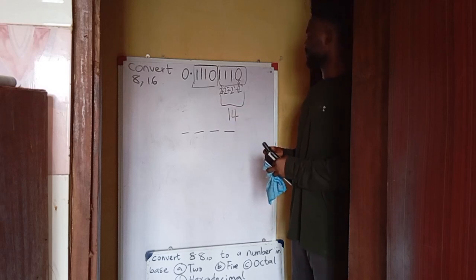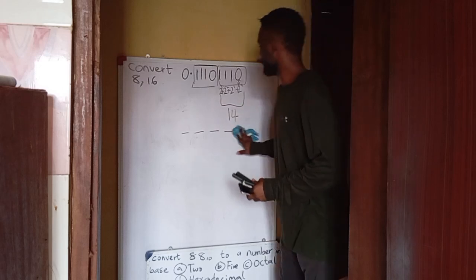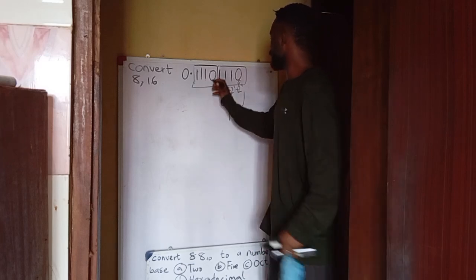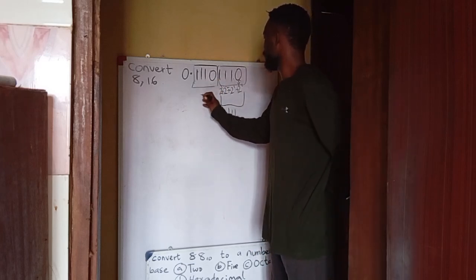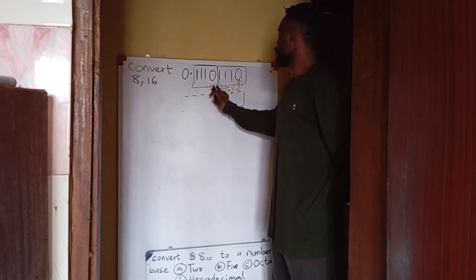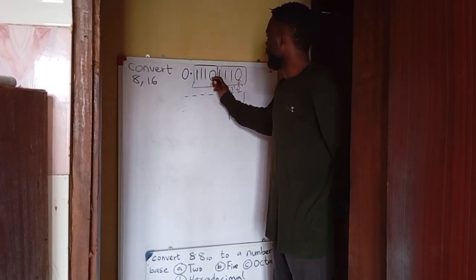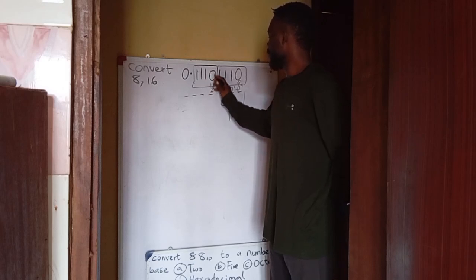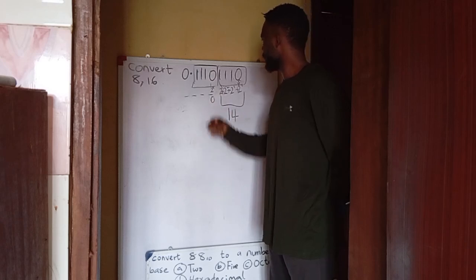We'll write it. Now, the same thing I drew here, that's what I'm using here now. This side is the same thing as when 2 is raised to power 0. And for the fact that it is 0 here, it means off. So 2 raised to power 0 here is 1. 1 times 0, 0.